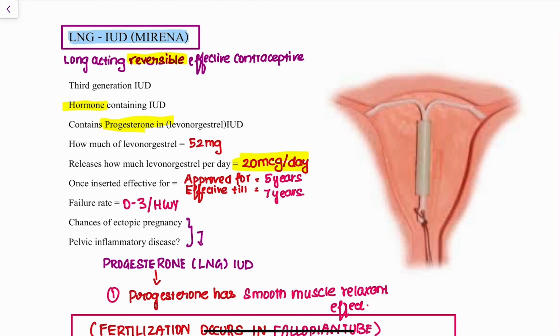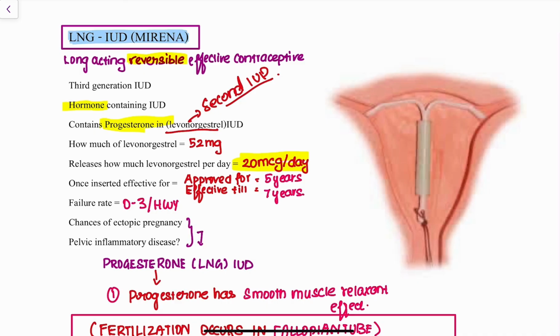It is the second generation progesterone, levonorgestrel, which is contained in this intrauterine device MIRENA. Clear? Therefore it is called the LNG IUD. LNG stands for levonorgestrel intrauterine device, which is called MIRENA, right?